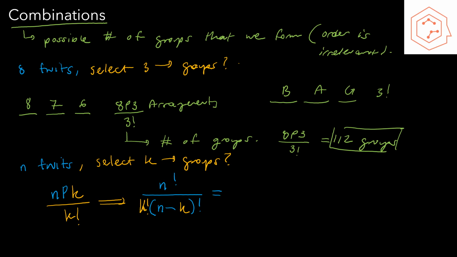So this is equal to nCk, for combination k. And just as how we saw a permutation as being n pick k, a combination is usually seen as n choose k. And this is also written in parentheses like this. So all of these are the same thing.